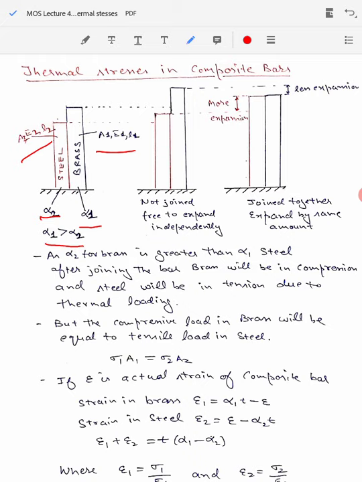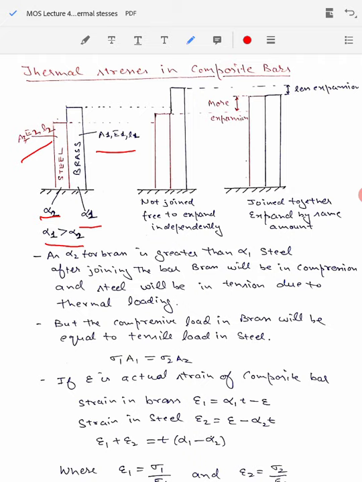In the case if these two bars are not joined, they are free to expand independently, they are not fastened together by welding or some kind of fastener. So if there is an increase in temperature, they both will expand, and their expansion can be calculated using the formula L alpha T. So for the brass it will be L1 alpha 1 into T, where T is the change in temperature, and for the steel it will be L2 alpha 2 T, and both are shown here.